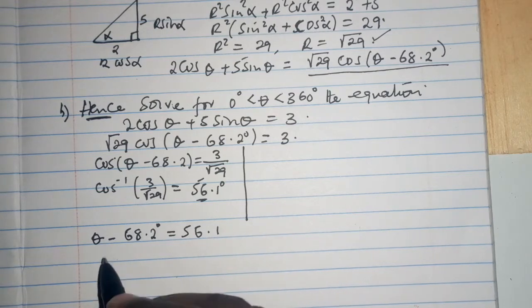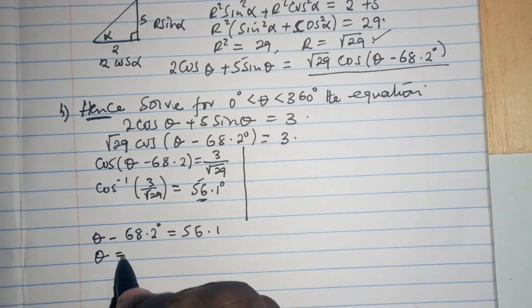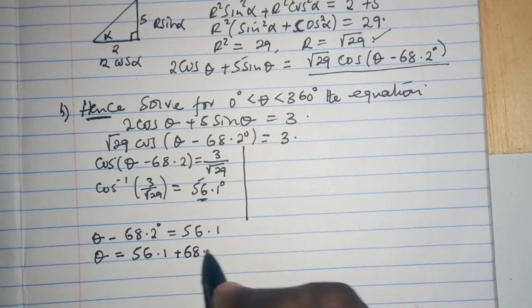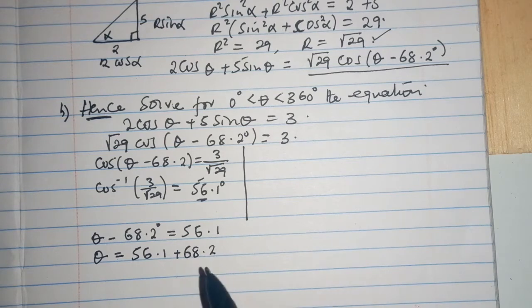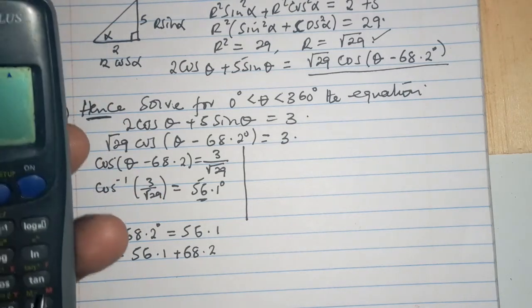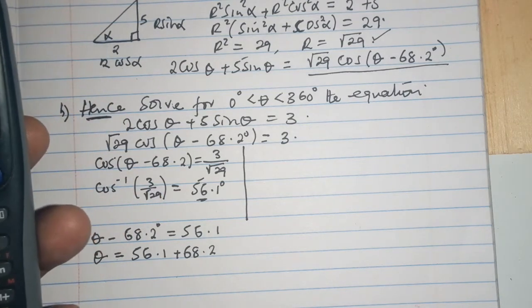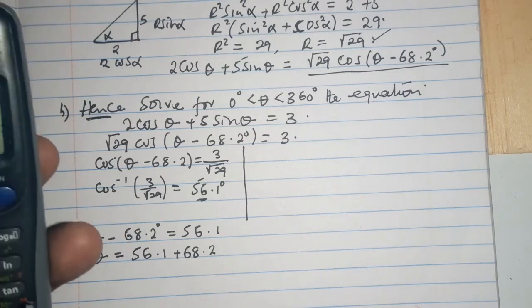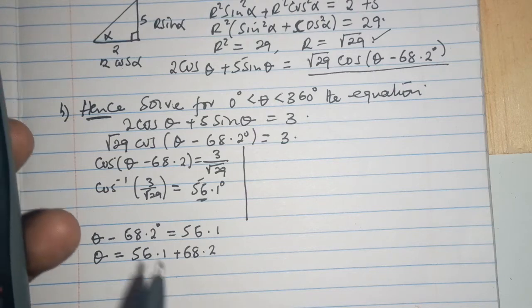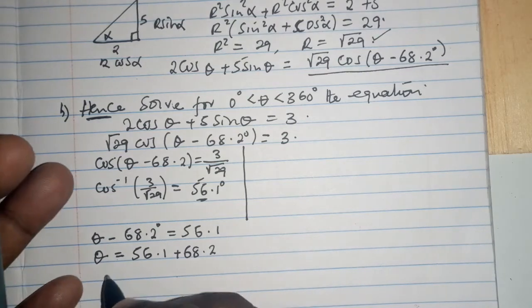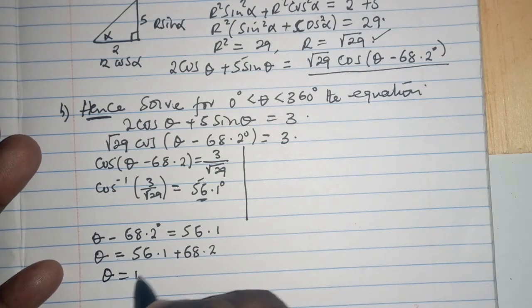And you can see already theta is now equal to 56.1 plus 68.2. Let's see what this is: 56.1 plus 68.2, which is 124.3 degrees.